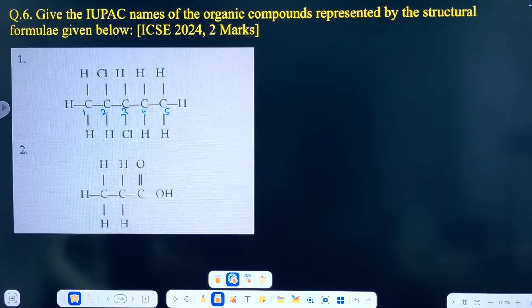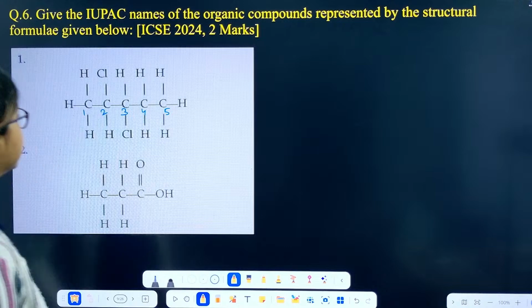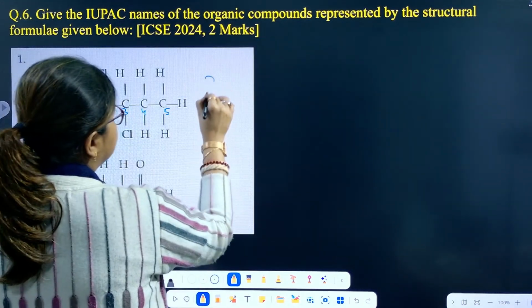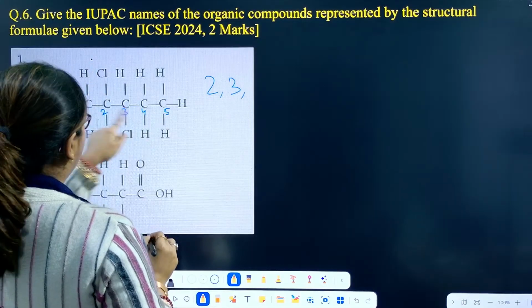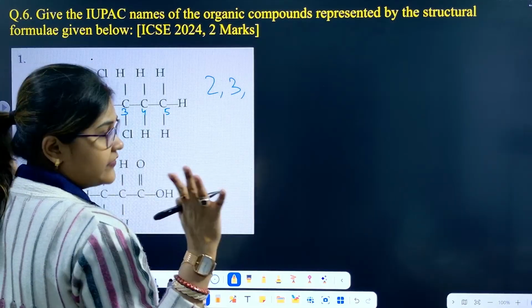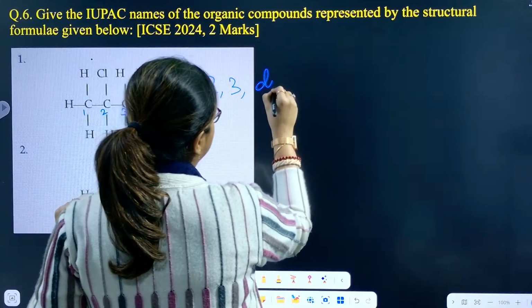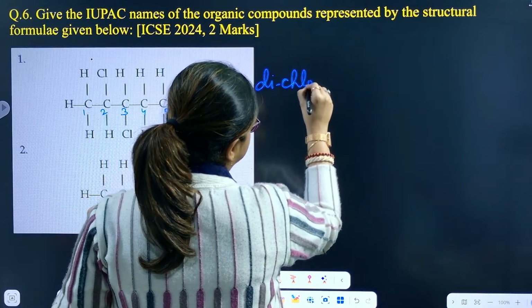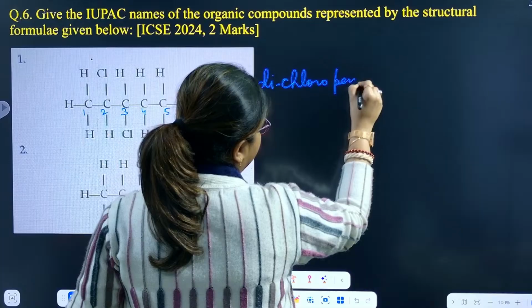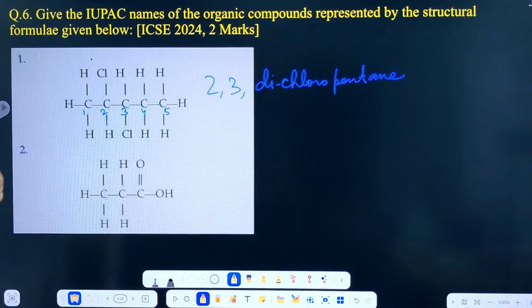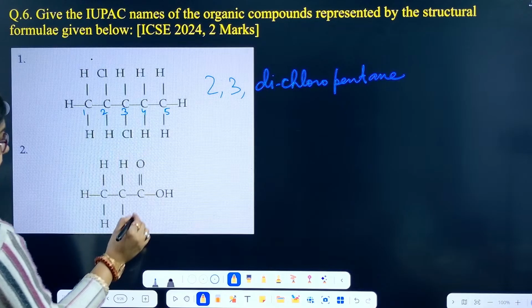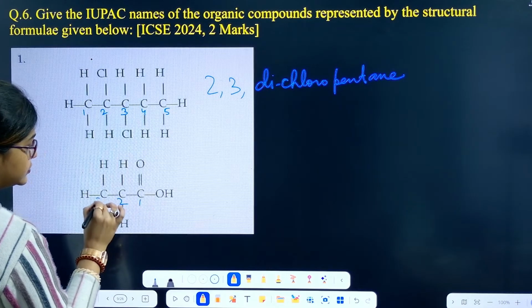This is the correct numbering, right? So what will be? Chlorine at 2 position, chlorine at 3 position. How many carbon atoms? 5. That means 2, 3 dichloropentane. Clear? 2, 3 dichloropentane. Okay? Next one you see acid. 1, 2, 3.